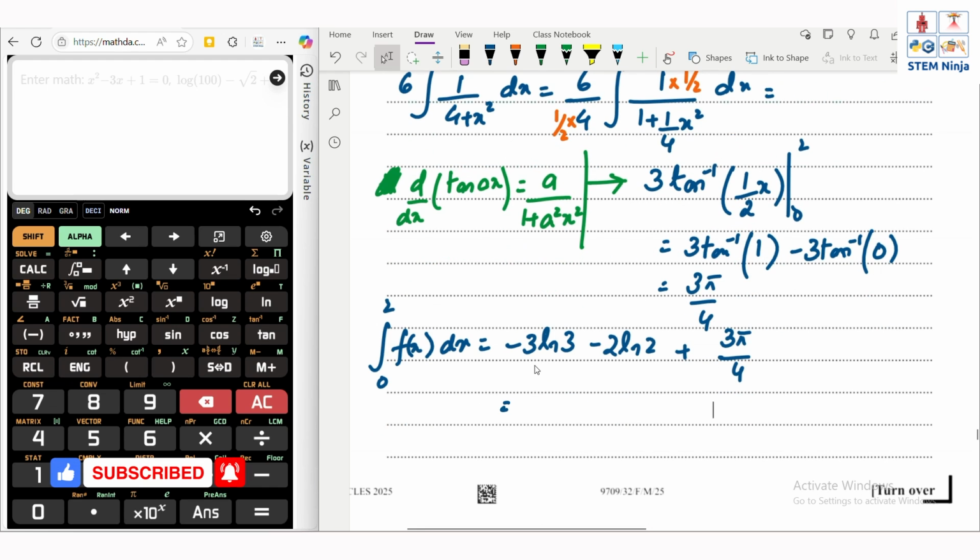So this becomes minus ln 3 cubed, which is 27. This becomes ln of 4 plus 3 pi by 4.